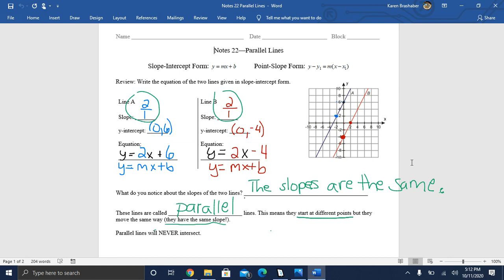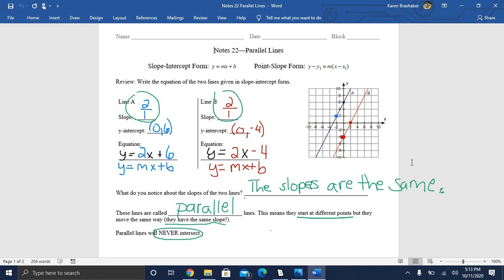Parallel lines will never intersect each other. They will not intersect. They will have no points in common. So the slopes are the same. The lines run at the same steepness. They have the same slope. They will never intersect. All right, so this is what we're going to notice about our parallel lines.